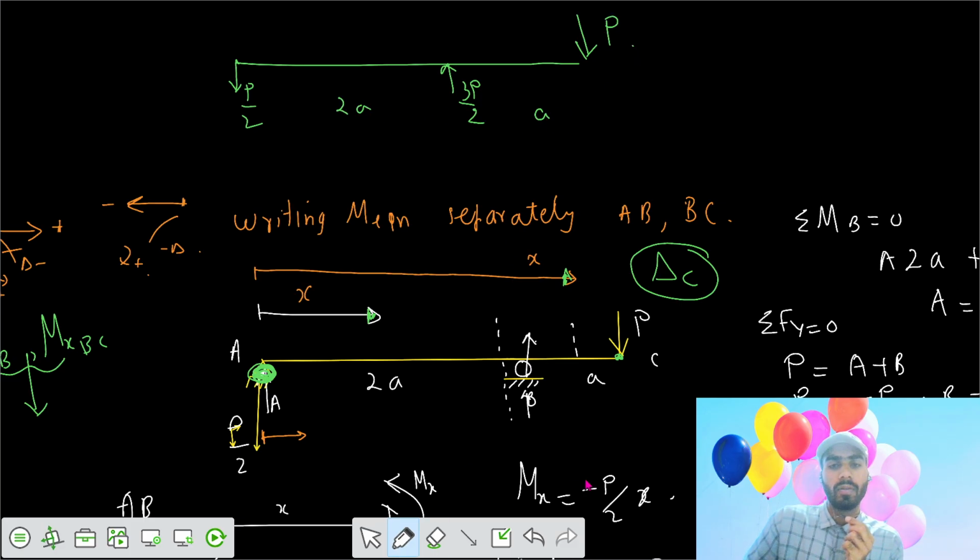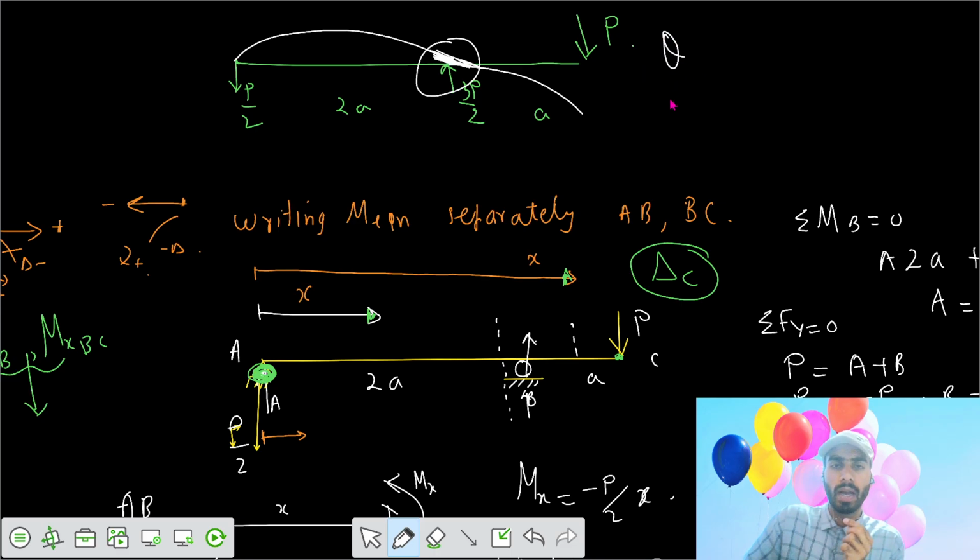The deflection profile would be somewhat this way, and to maintain the slope at point B, the line has to be continuous. Here the slope is the same, so the line would be somewhat this way. So we have the link that theta here is the same.